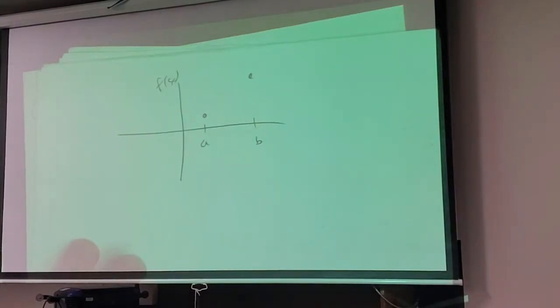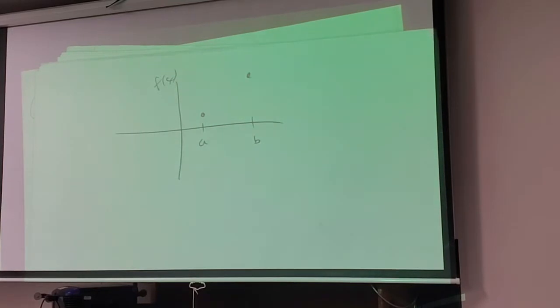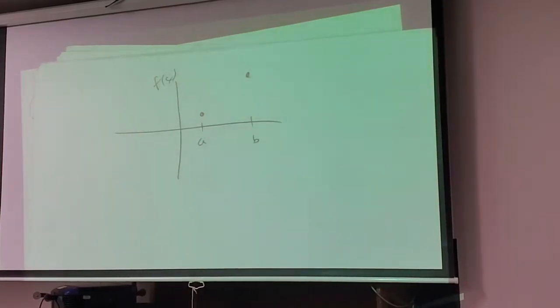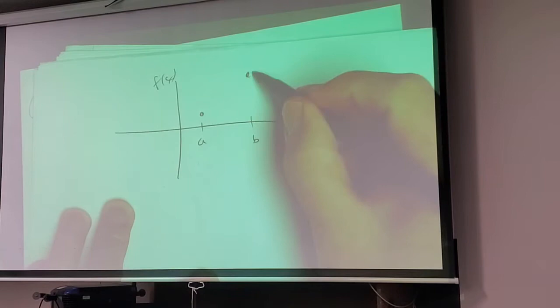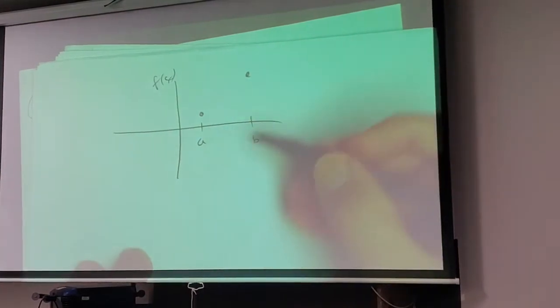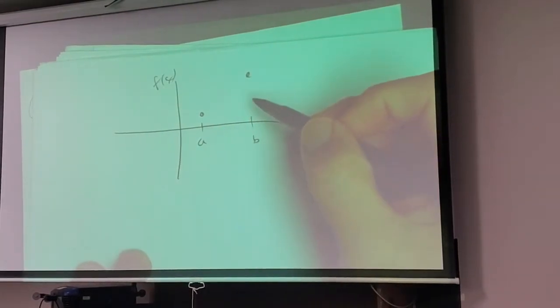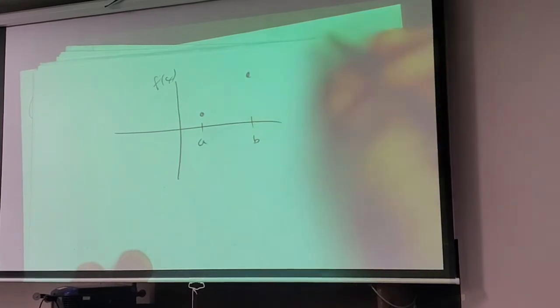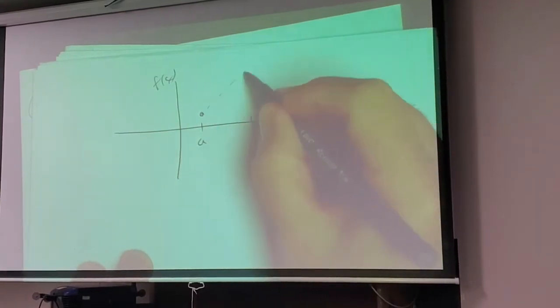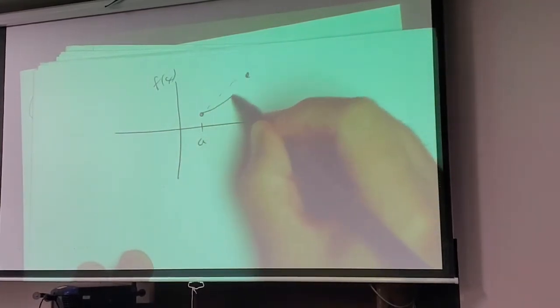So let's say I have a function, it's at A and B. This feels like we're going to do the mean value theorem or Rolle's theorem or something. I sort of pointed this out when we talked about those theorems. How could I connect those two points in a continuous fashion? I could just go straight between them, yes? Would you all agree that's the least interesting way to do that? Or I could do this, yes?